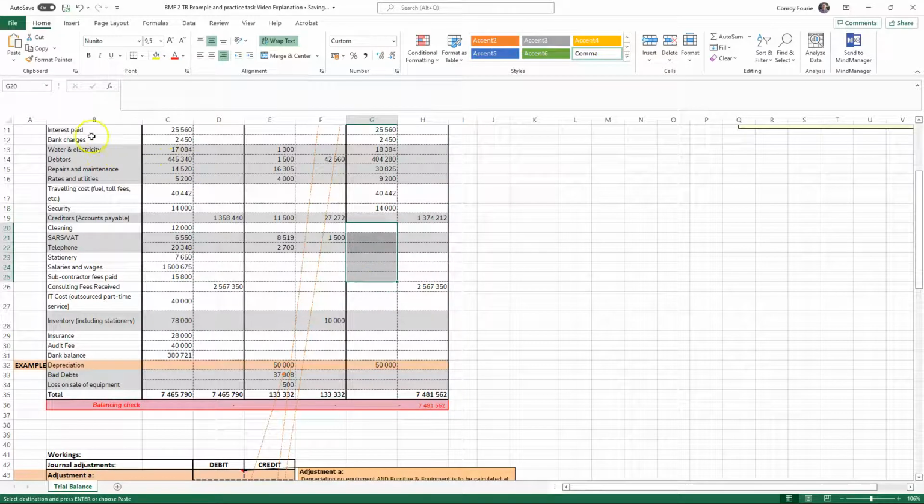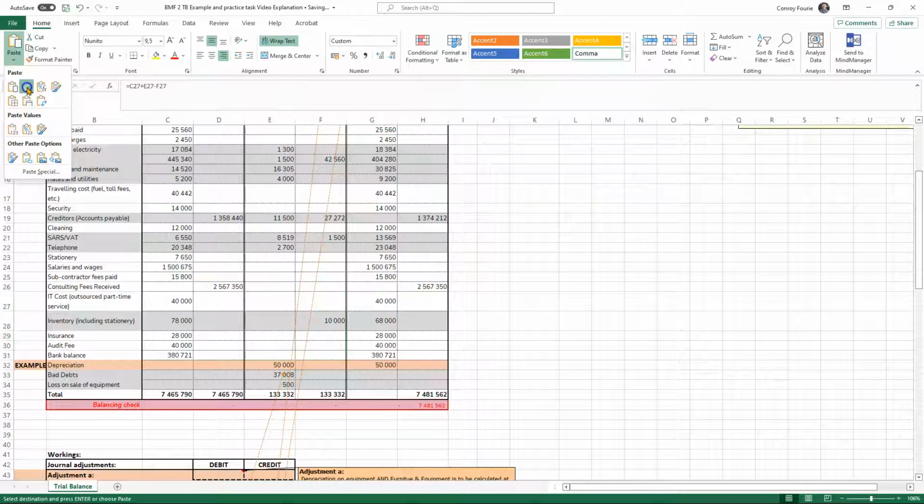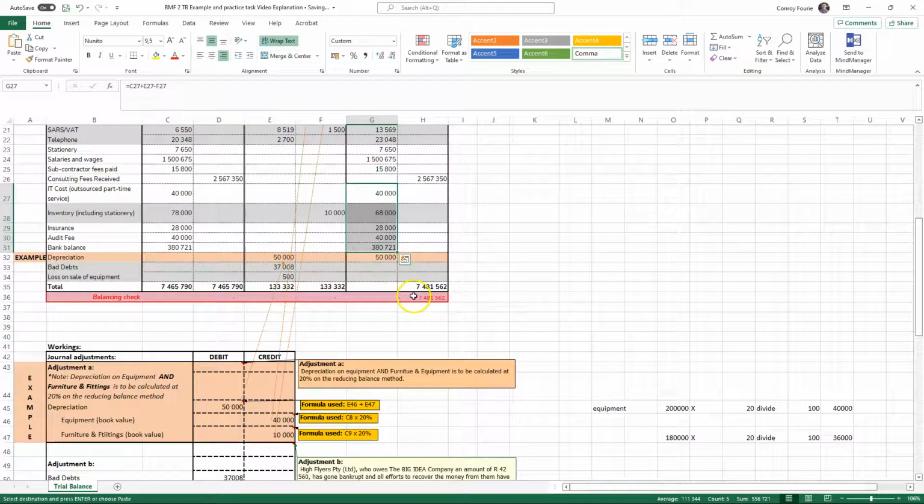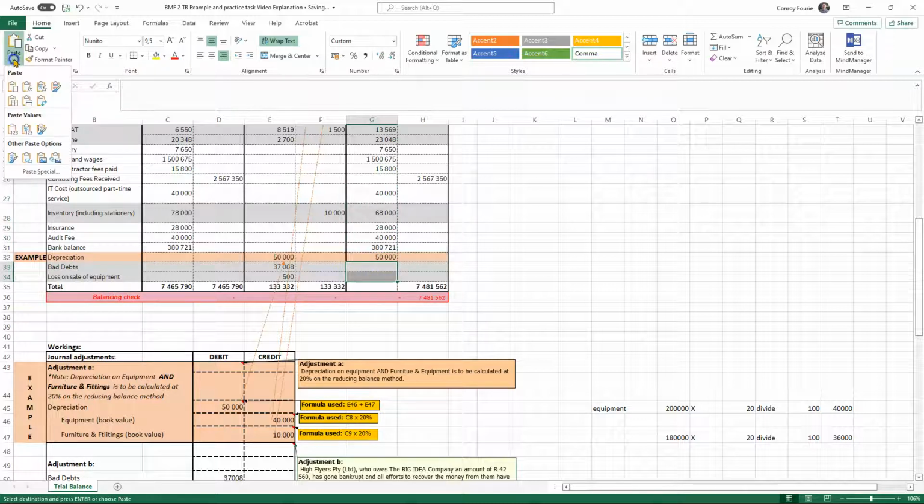To there. And this is a creditor. We've already done that. There's a debit. Okay. And we can paste the formula in there. And let's now see if there's another, we have two other debits here. Bad debts would always be a debit. Loss on sale would be a debit, so we need to paste it in there as well.